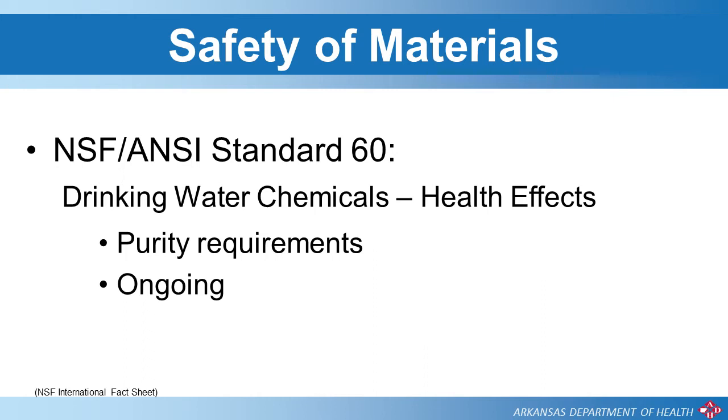This set the guideline that ensures the purity of all additives that go into water to make sure that it meets the standards required. This is an ongoing process of recertification, even from the same company. Each shipment that comes in still has to be certified. This is just a protective measure to oversee and ensure health.